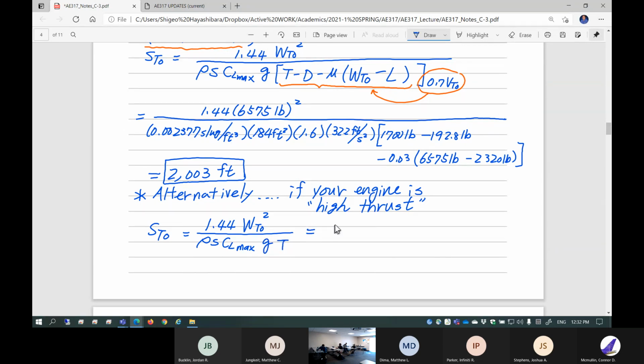This is going to give you 1,625 feet. This is massively underestimated, too short.